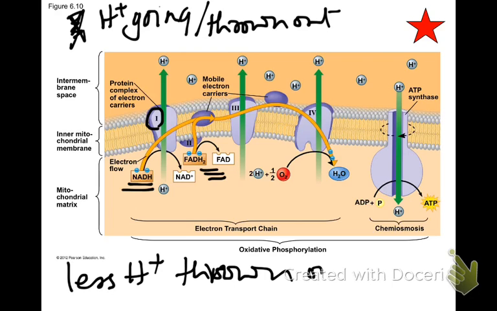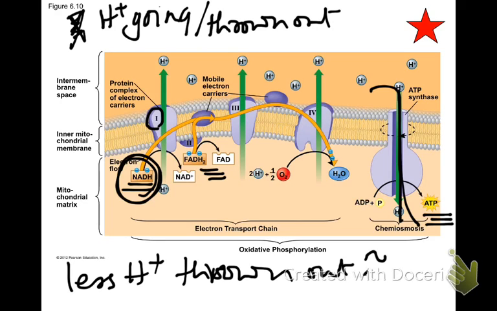How does that translate? What difference does that make? So, the number of protons thrown out on account of transfer of electrons by NADH is slightly higher. So when they all come back inside, gushing in, the amount of ATP that can be made because of that is roughly calculated as 3 ATP.